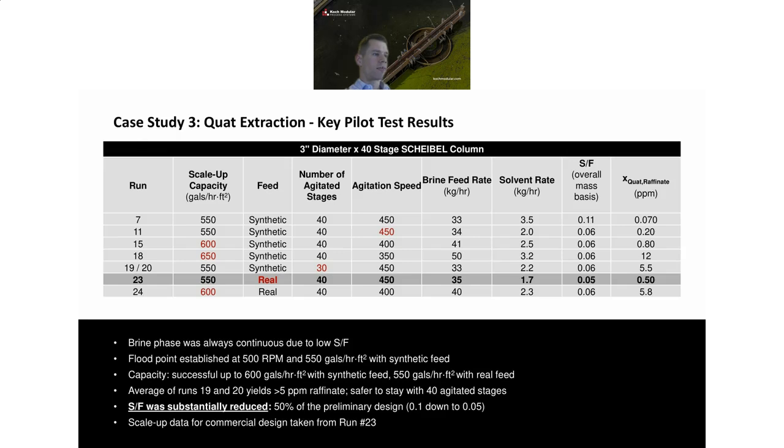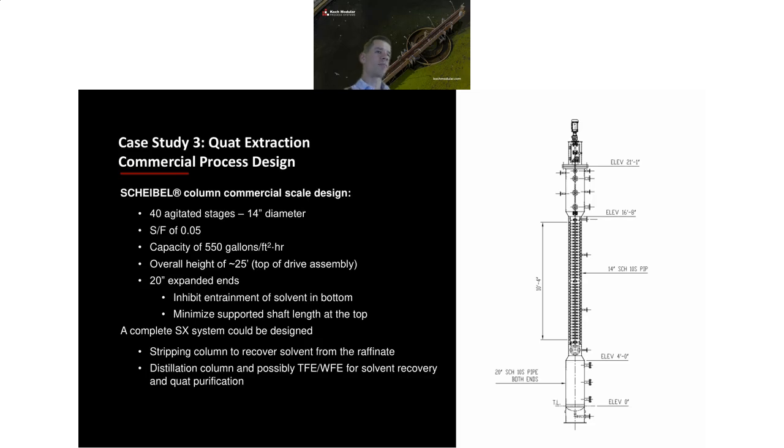So for scale up, we looked at run 23 and used those operating conditions. If we were to scale this process up in a commercial scale Scheibel column, this is what it would look like. You have 40 agitated stages. That capacity of 550 gallons per hour per foot squared translates to a 14-inch diameter. Solvent to feed ratio was 0.05.